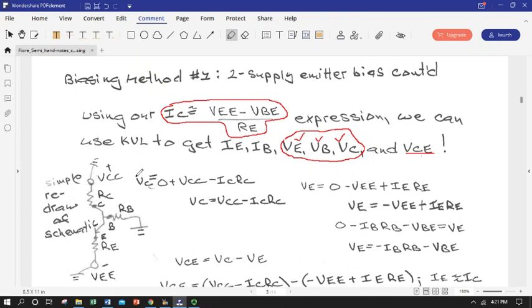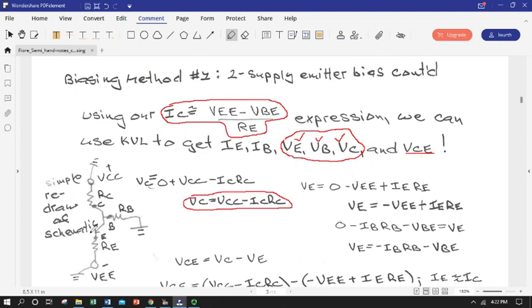So let's start out with an expression for V sub C, and that's easy because we will use Kirchhoff's voltage law again and start with ground, and then we'll rise through our collector supply, and then we'll drop over our collector resistor to get to point C. So it's just simply collector supply minus collector current times collector resistance.